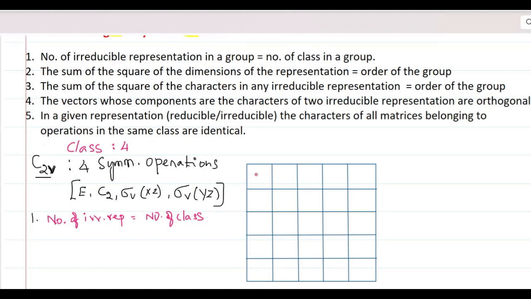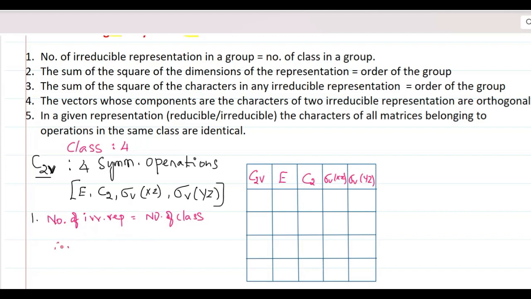Here we represent C2v in this table, with the 4 symmetry operations, otherwise the 4 different classes E, C2, sigma V XZ, sigma V YZ, listed over here. As per rule 1, the number of irreducible representations is equal to the number of classes.